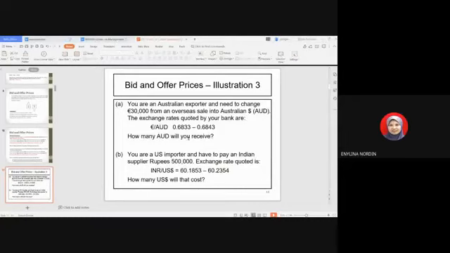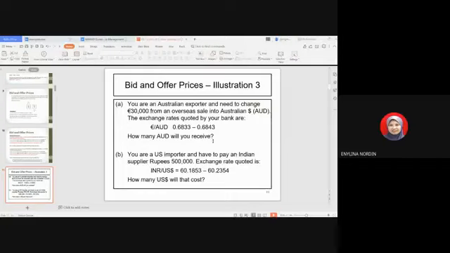Oh no, it's not mid price, it's a range, between 0.6833 to, sorry, 0.6843. So this is the euro currency against the Aussie dollar. That means how much Aussie dollar will you receive if you convert this income, 30,000 euro, into Aussie dollar.